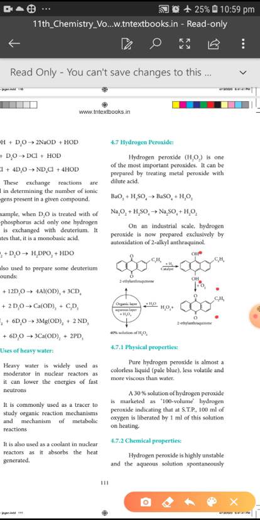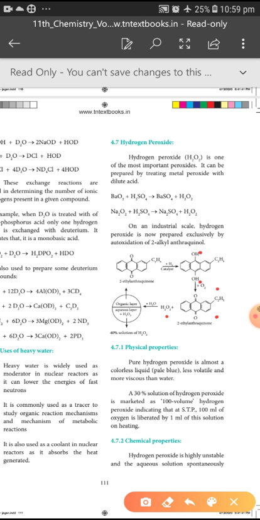This anthraquinone and hydrogen peroxide form an organic layer and an aqueous layer. The hydrogen peroxide is in the aqueous layer, and the organic layer contains 2-ethyl anthraquinone.